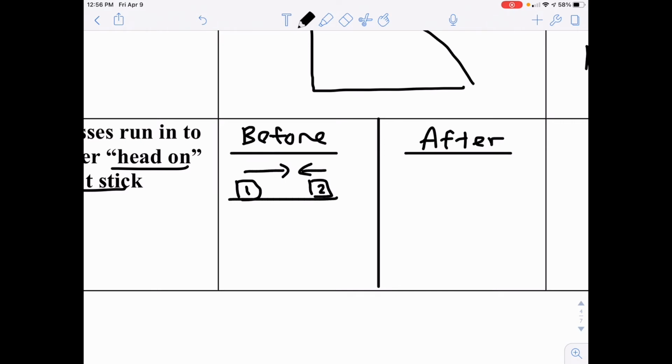In fact, you could even have a situation where 2 is going to the right, but 1 is going to the right faster and catches up and bangs into 2 from behind. Okay, that could be the case too. But let's just simplify this and say that 1 is moving, 2 is not, they smash into each other. Okay, and afterwards, they move, but with separate velocities.